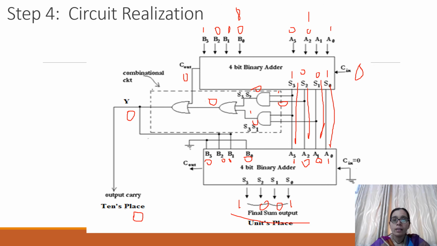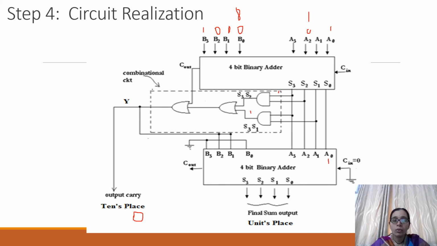Let us consider one more case where we can see how the output is produced when Y is 1. Suppose you can take any example of your interest. I have taken 0, 0, 1, 0. So 8 plus 2.